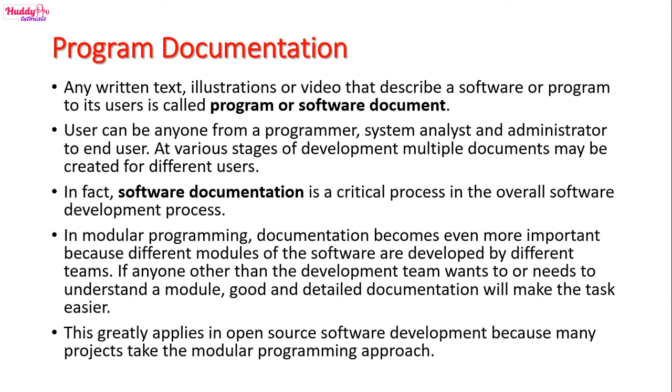These users may not necessarily be end users, but even other developers themselves. The user can be anyone, as I've been saying: the programmer, the system analyst, the administrator, or the end user. So at various stages of development, multiple documents have to be created for different kinds of users.